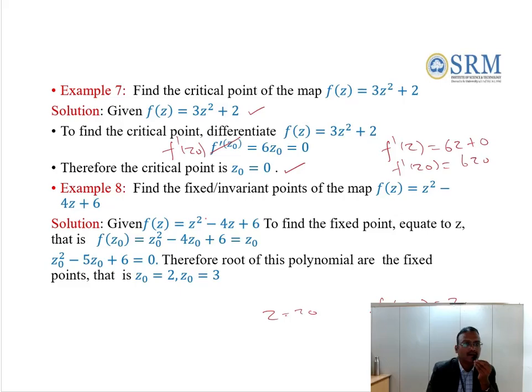Then z naught square minus 4z naught plus 6 equal to z naught. After rearranging this, we get z naught square minus 5 z naught plus 6 equal to 0. And then the roots of this quadratic polynomial are the fixed points of this function, right?